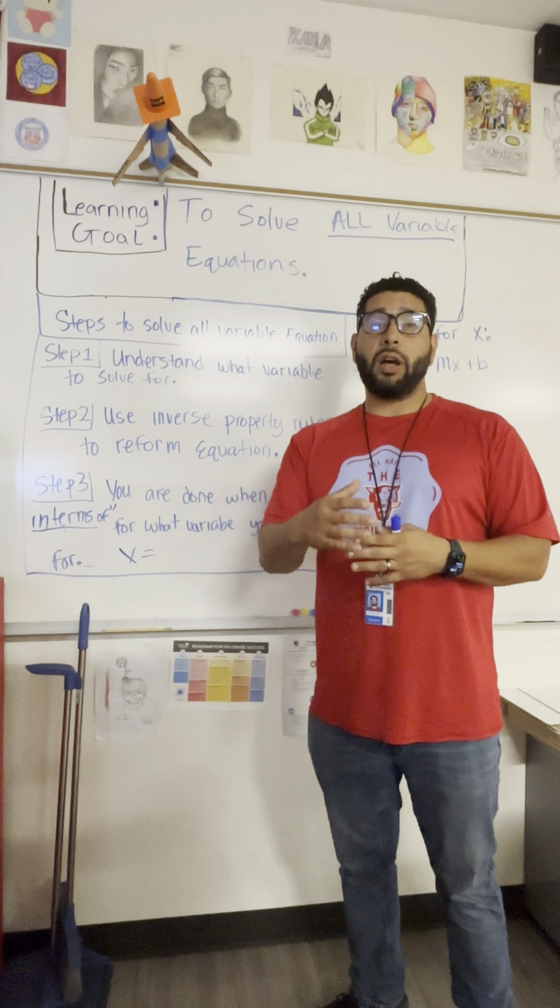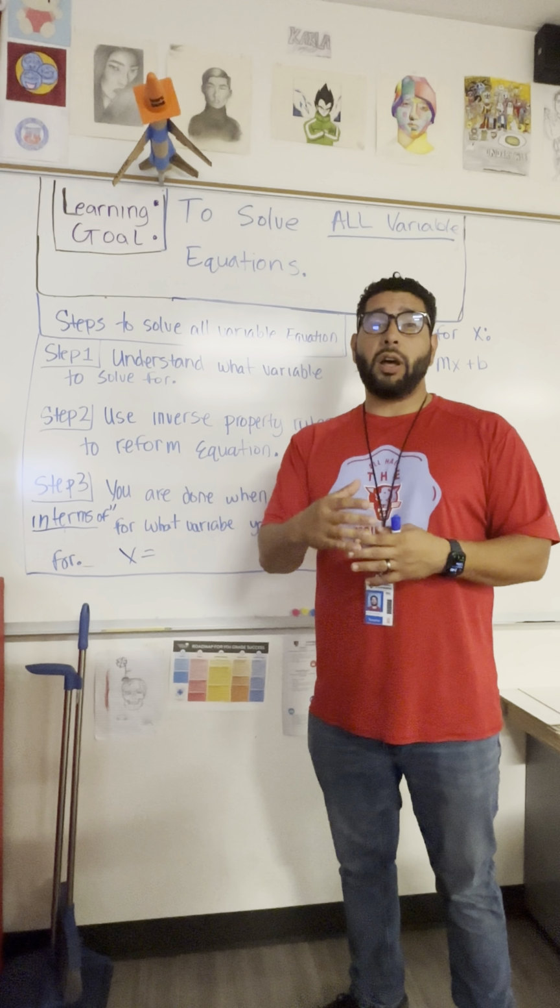Let's do another example. Another famous equation you might see: F is equal to M times A. All right, so say I want to solve for A. So M times A. What's the opposite of multiplying?